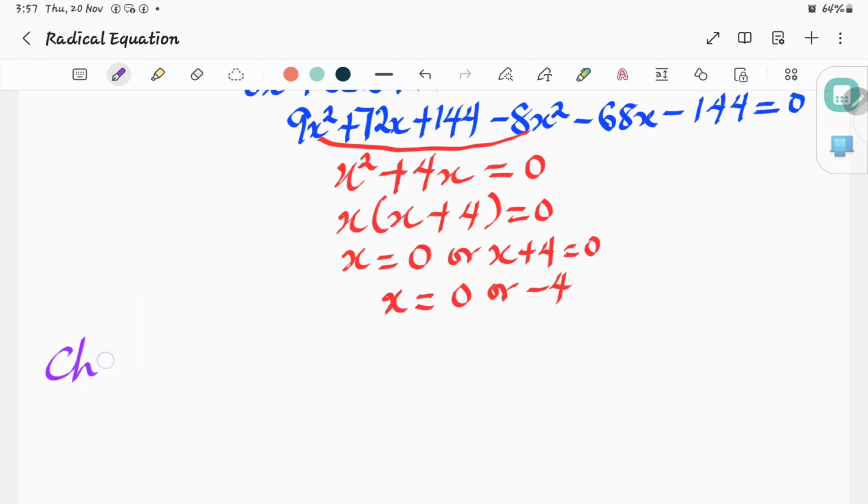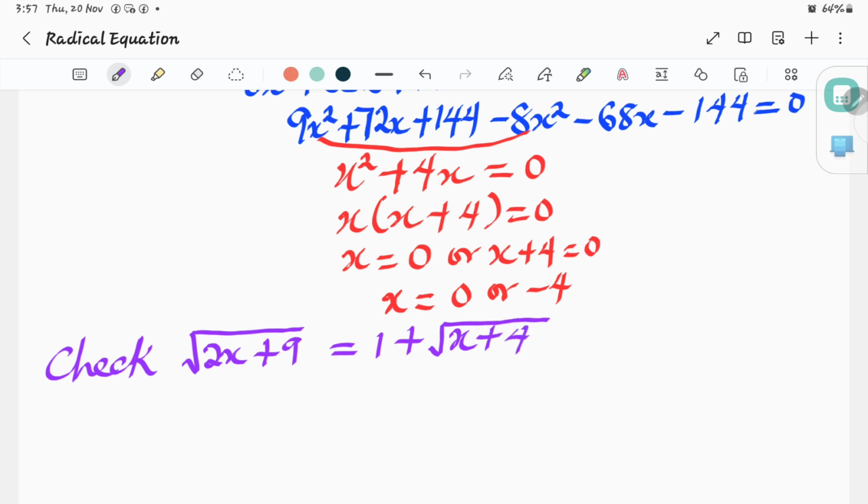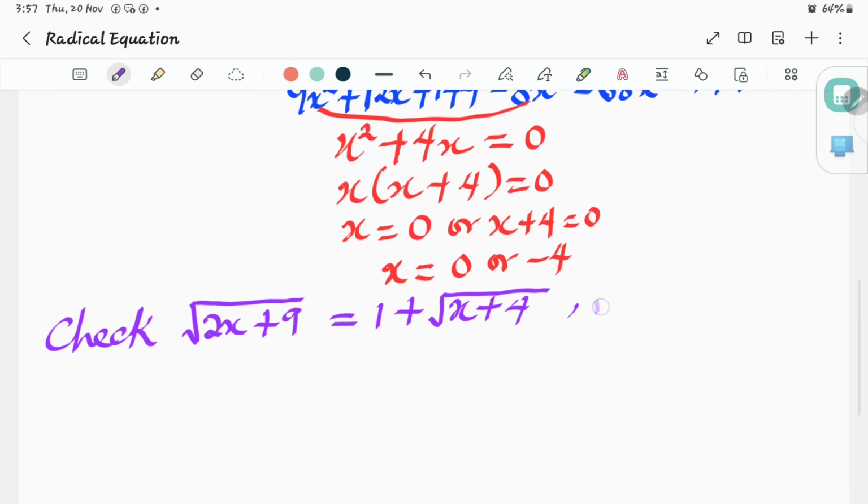Okay, so we want to check if we are correct. Our original equation was given as the square root of 2x plus 9 equals 1 plus the square root of x plus 4. What we are going to check first is when x equals 0.